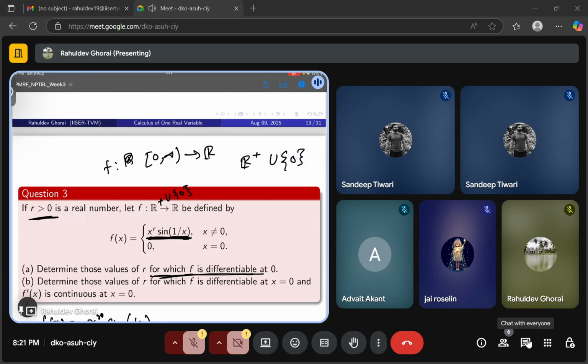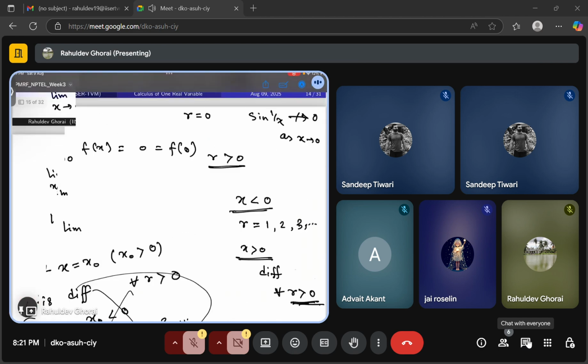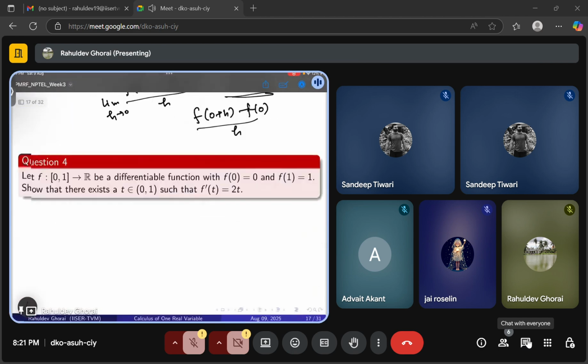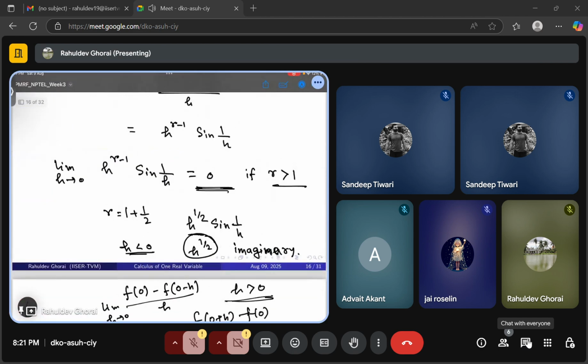So it has to be R plus union 0. The 0 has to be there, otherwise how do you do that?